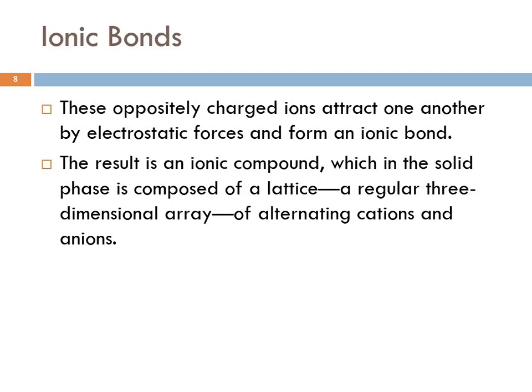So we get an ionic compound, and the solid phase of an ionic compound is composed of a lattice, a regular repeating 3-dimensional structure. Have you ever played with magnetics? It's a magnet toy for children. There's little sticks and then there's little metal balls.